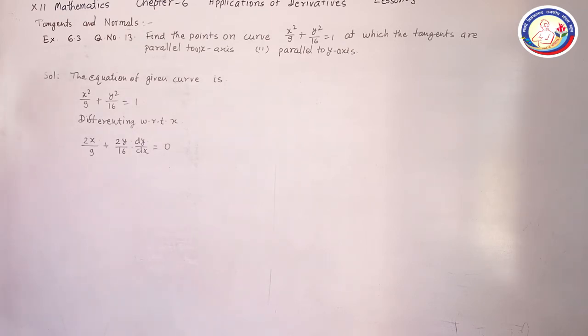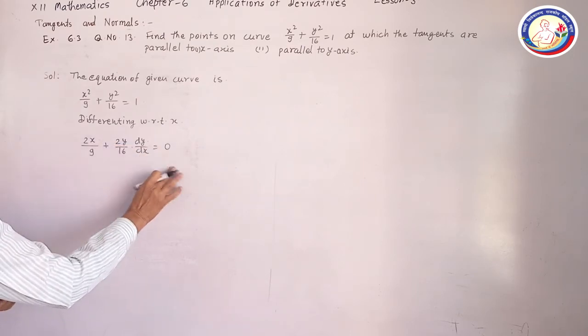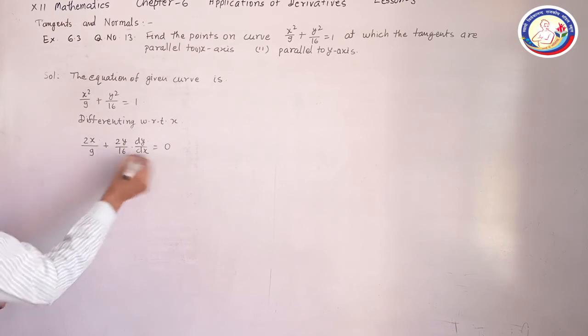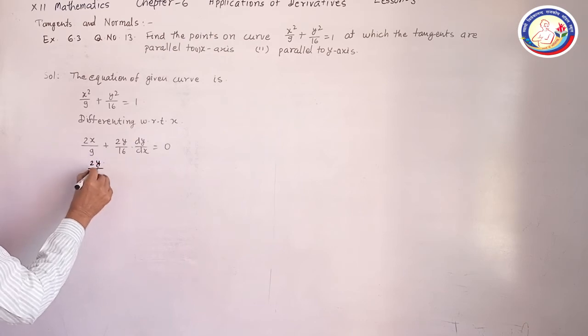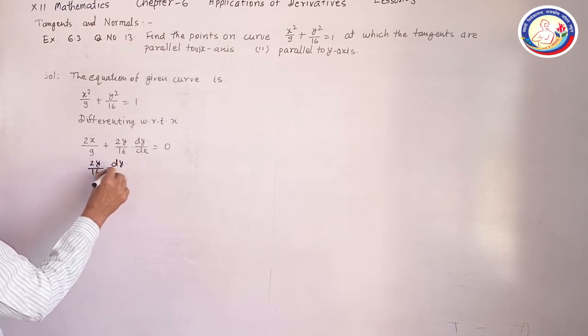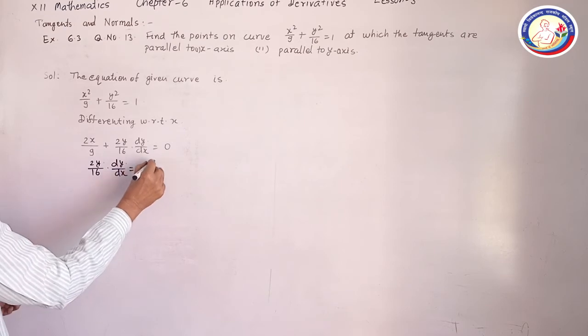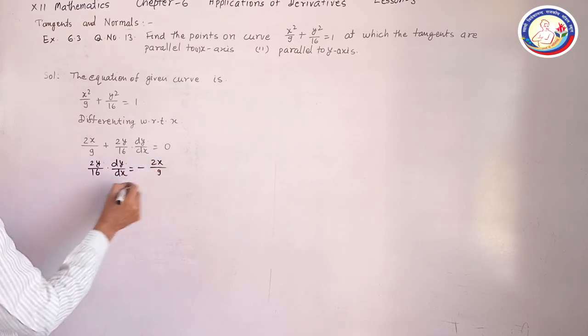Solve it further and find the derivative of y with respect to x. So on transposition, we shall get 2y upon 16 into dy by dx equal to minus 2x upon 9.